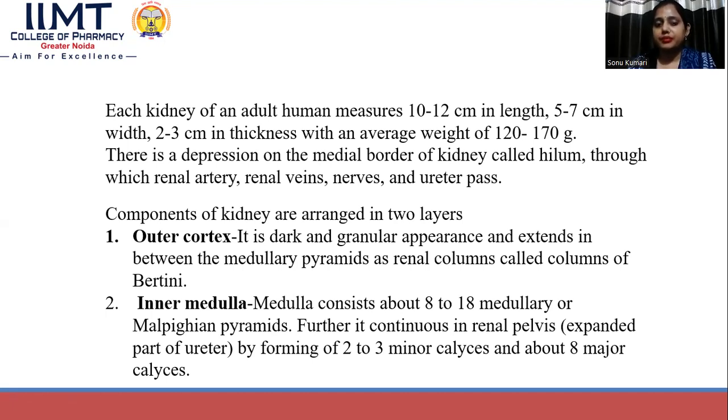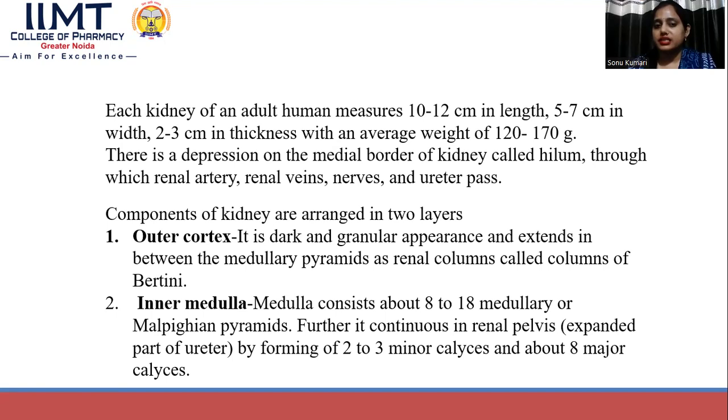There is a depression on the medial border of the kidney called hilum through which renal artery, renal vein, nerves and ureter pass. The components of the kidney are arranged into two layers: the outer layer is cortex and the inner layer is medulla.